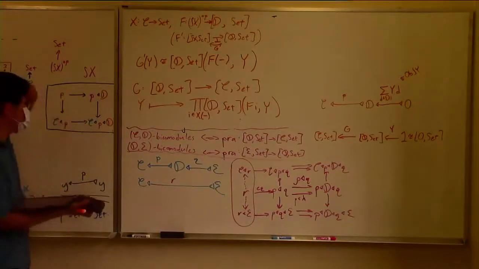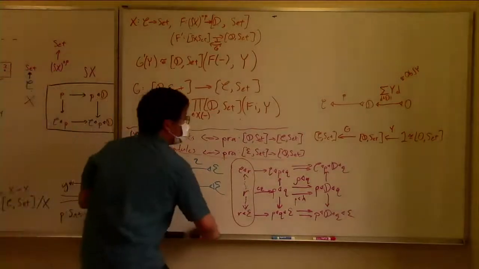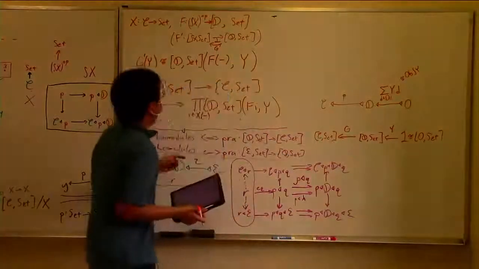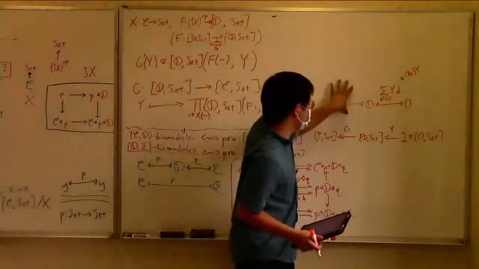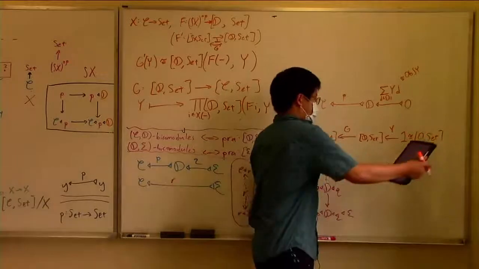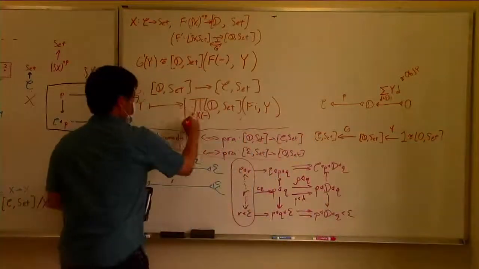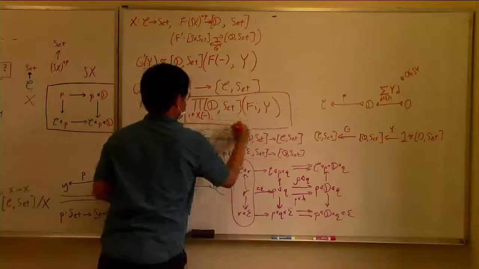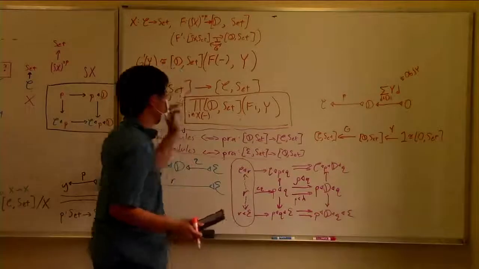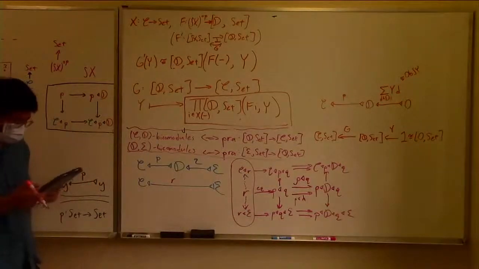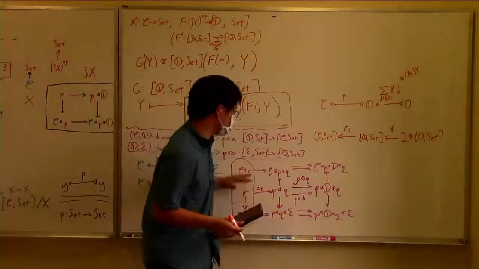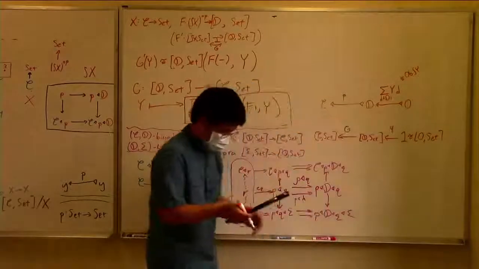So we've determined that the C set that we get by taking these two things, converting them to their corresponding parametric right adjoints, and composing them is this particular functor from C to set, where you plug in a C here, and then it gives you this product of all of these natural transformations. And this looks a little odd, but I will show that this is exactly what you're going to get if you compose these as just bicomodules.